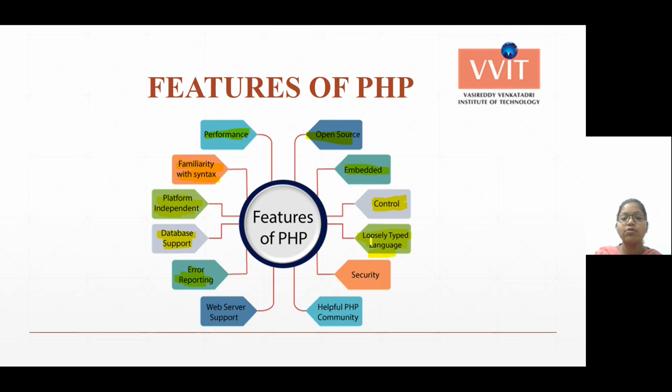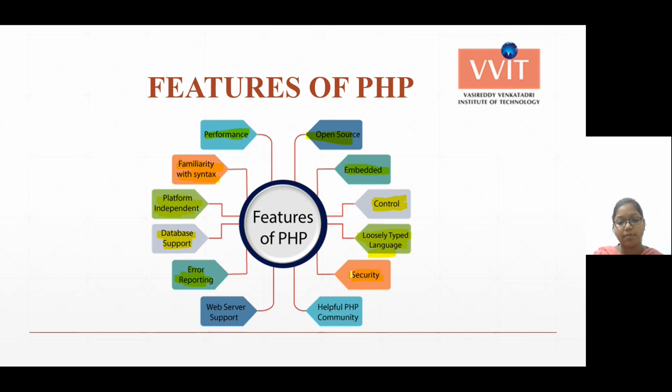That means without defining the data type of that variable, you can use it and assign a value to it. During runtime, based on the value assigned to that variable, PHP will consider which data type that variable is. So by this, we can say that PHP is a loosely typed language.